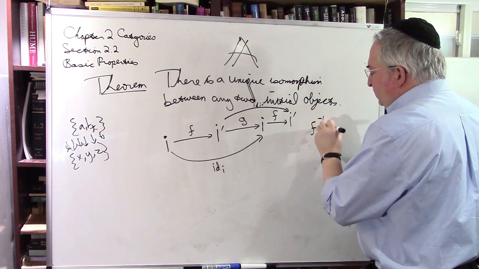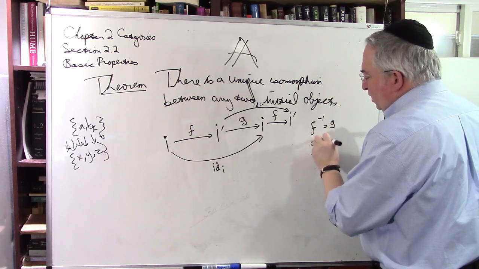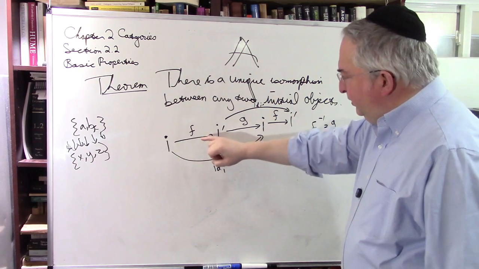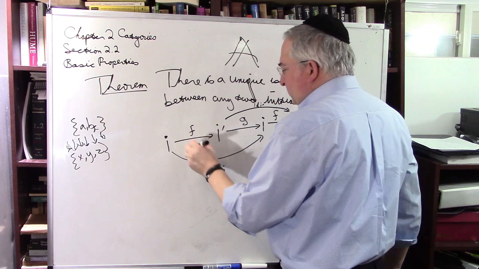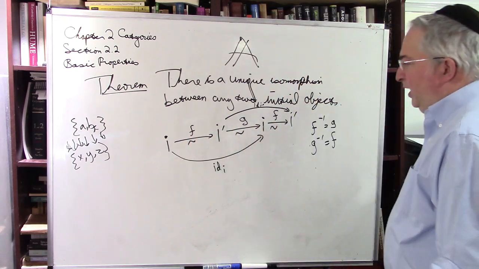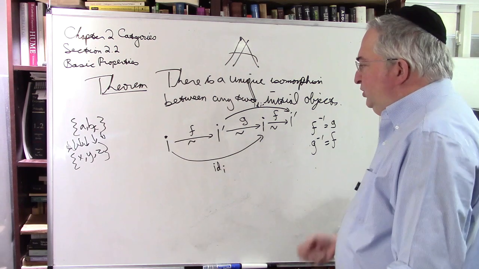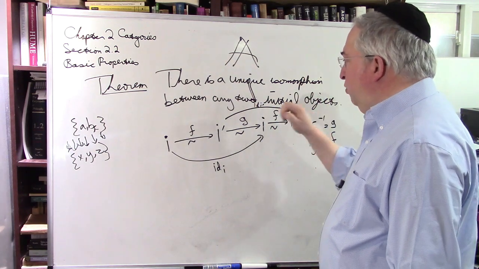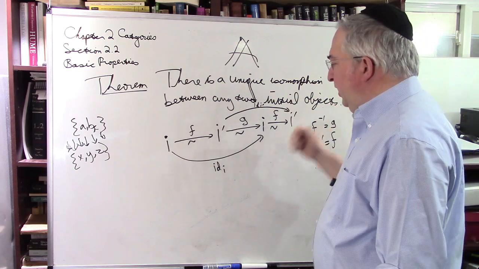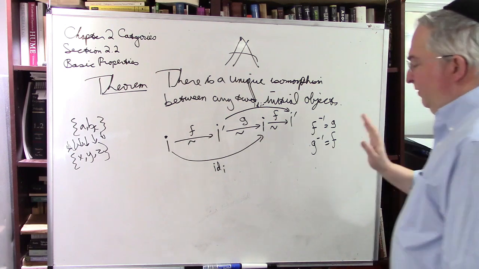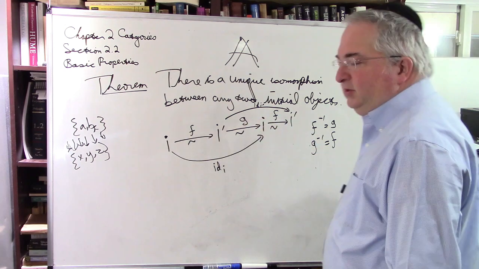F inverse is equal to G. G inverse is equal to F. Okay, so these are isomorphisms. We can write isomorphisms like this. So what did we just say? We said if there is more than one initial object, then there are isomorphisms in between them. Very nice.